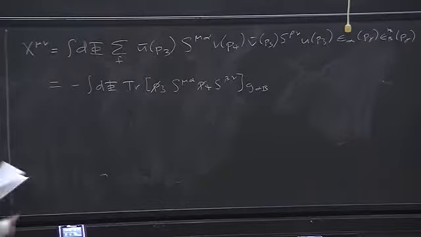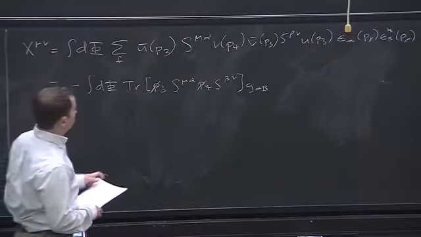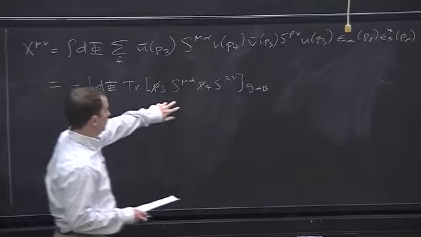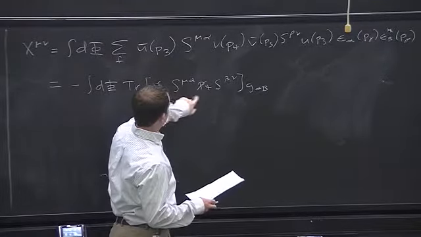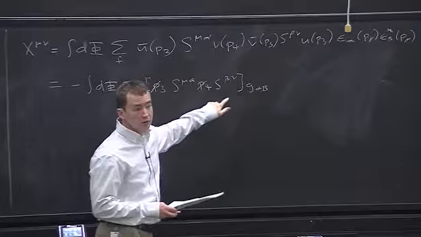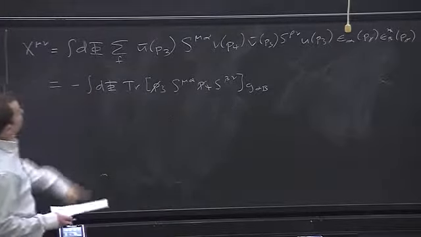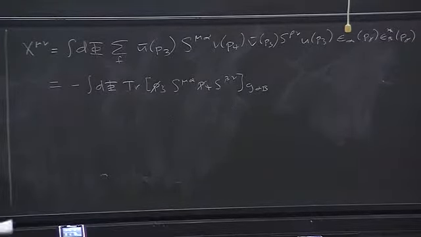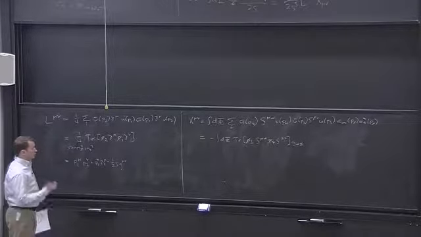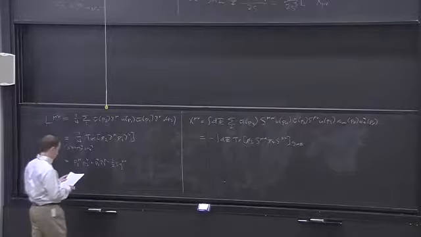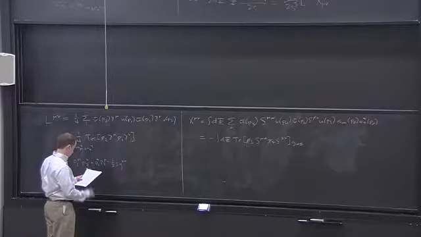Okay, so this would be a lot more convenient to evaluate if we were fully contracting the S's. That would simplify our lives a lot because we've got lots of nice identities for evaluating traces of gamma matrices where the indices are contracted.